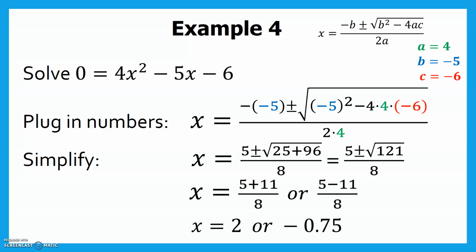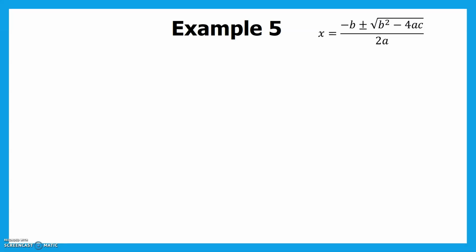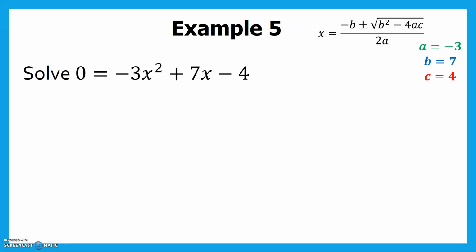All right. Remember, you can pause this video at any time to write things down so that you have examples to look at. Example 5. I have 0 equals -3x squared plus 7x minus 4.